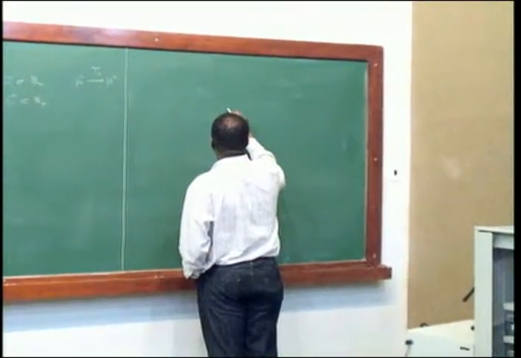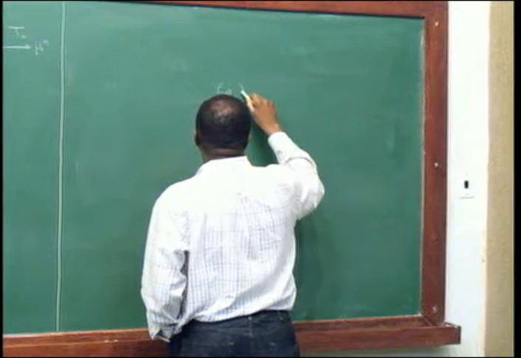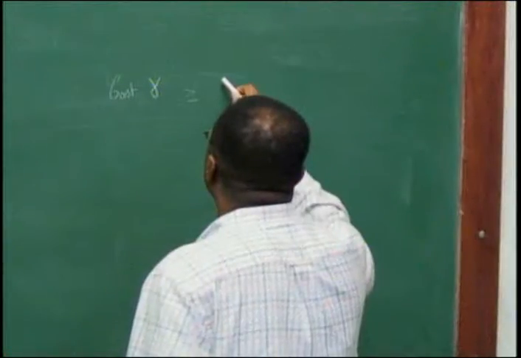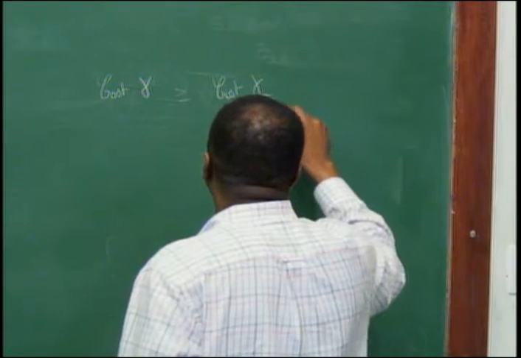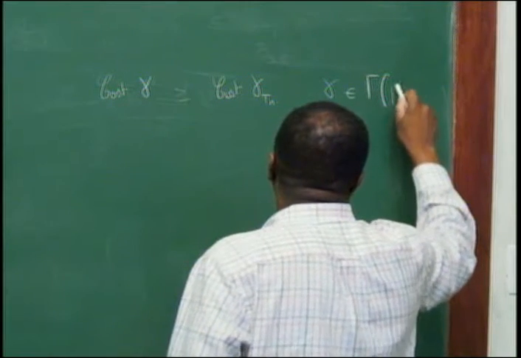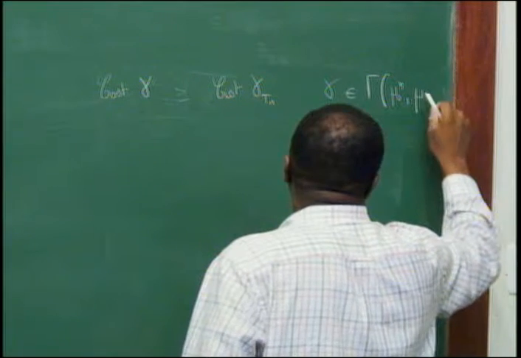I have the cost of Monge is bigger than or equal to the cost of gamma Tn when gamma is in mu naught n, mu 1n.